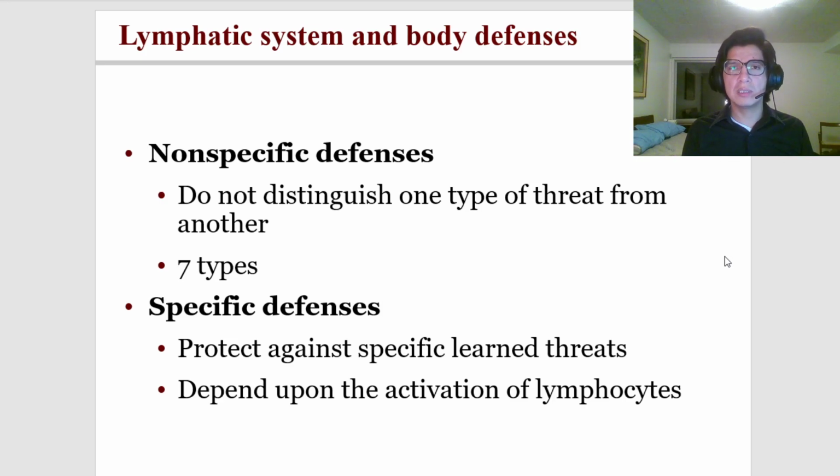The specific defenses are specific. They apply not to one virus or one bacteria, but to a protein within that virus or bacteria. We'll later know these as epitopes.